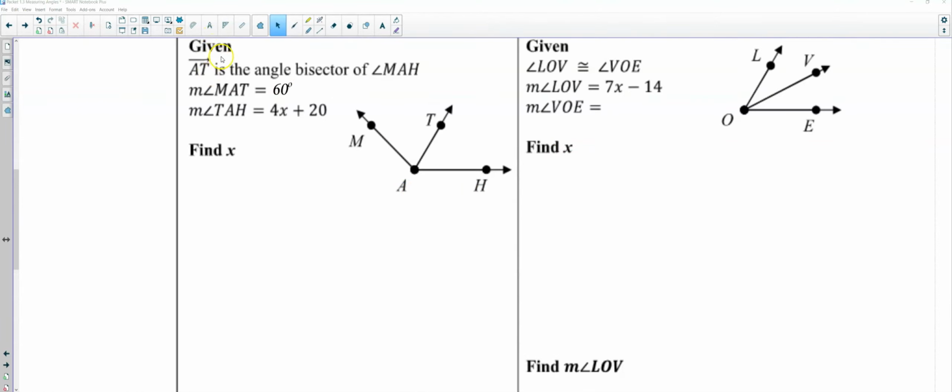All right, so it's given: ray AT is the angle bisector of angle MAH. Notice angle MAH, that's your angle. It's being cut into two congruent angles, which are this angle right here, MAT, and TAH.